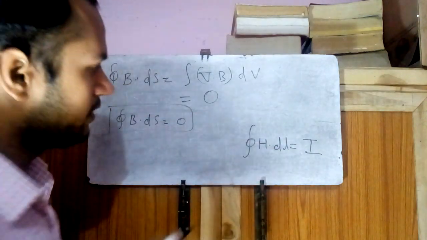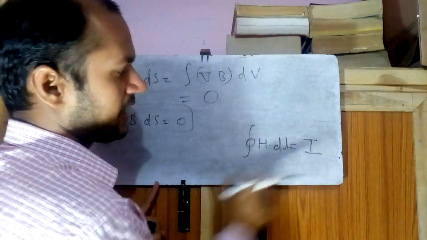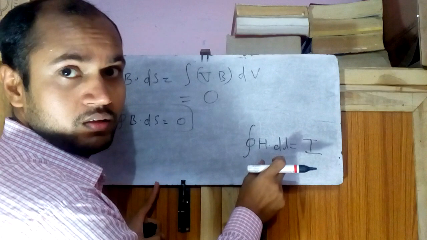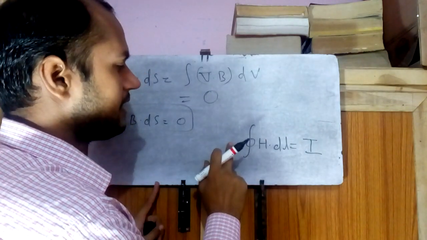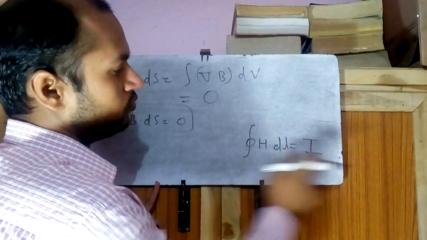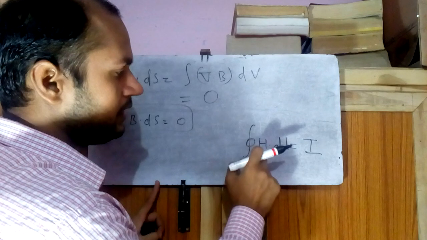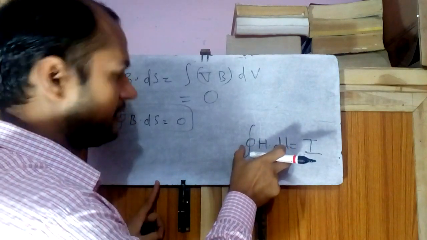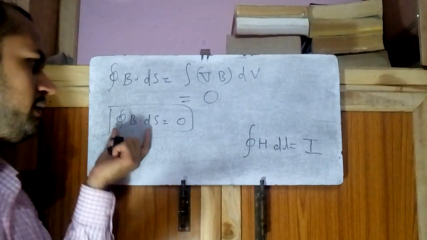In Ampere circuital law, if I take a surface integral on both sides and multiply with mu on both sides, then mu H is B with a surface integral, which is the closed integration of B dot ds.